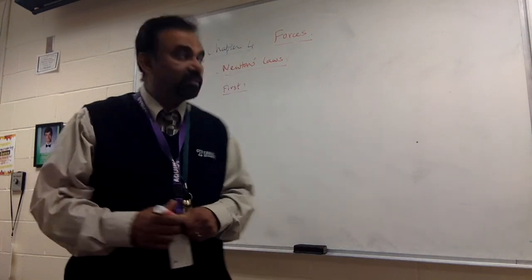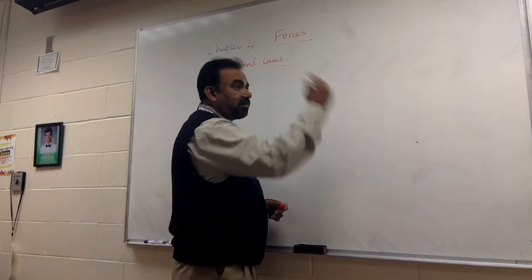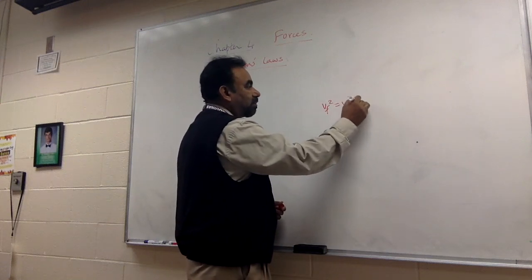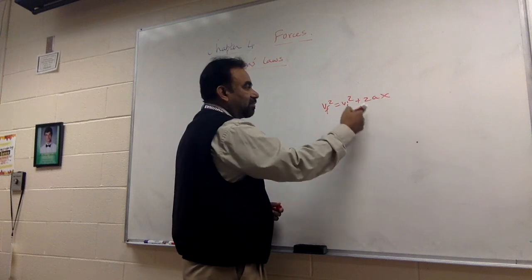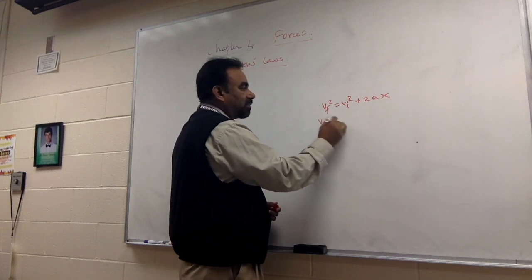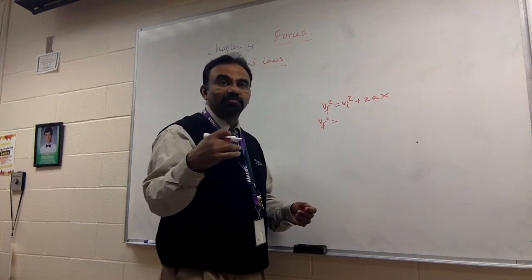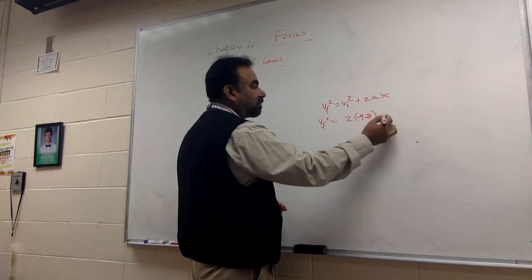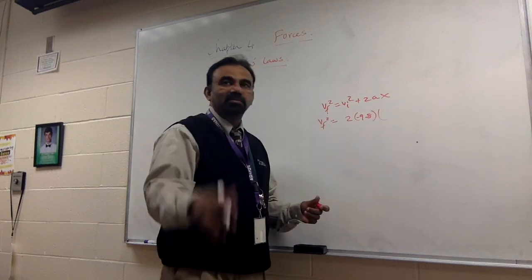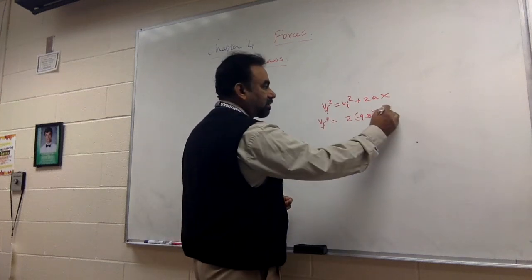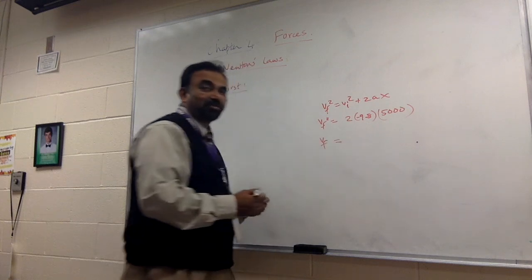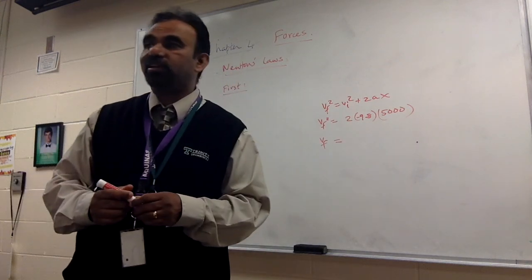So if you say Vf squared is equal to Vi squared plus 2ax, so Vf squared is equal to initial velocity, let's say 0, and then 2 times 9.8 times, you're talking about, let's say 5,000 meters. Can you tell me how much is Vf? How fast is something coming down and hitting us? Calculate. Everyone.